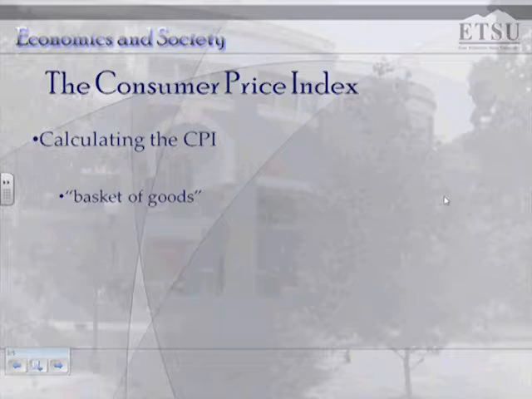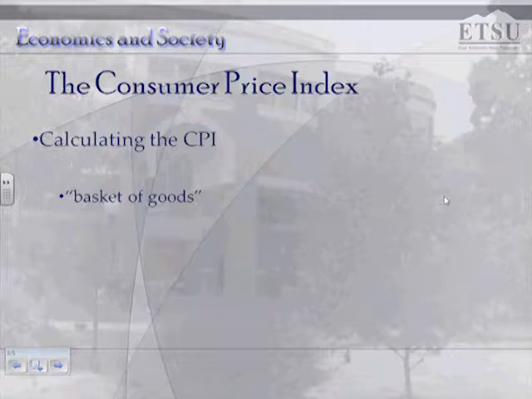But we want to do this for the prices of things that are normally bought and sold in our economy, and so this is a pretty big task, right? So what the government agency, what the workers do is they calculate the price for a basket of goods that consumers normally purchase.